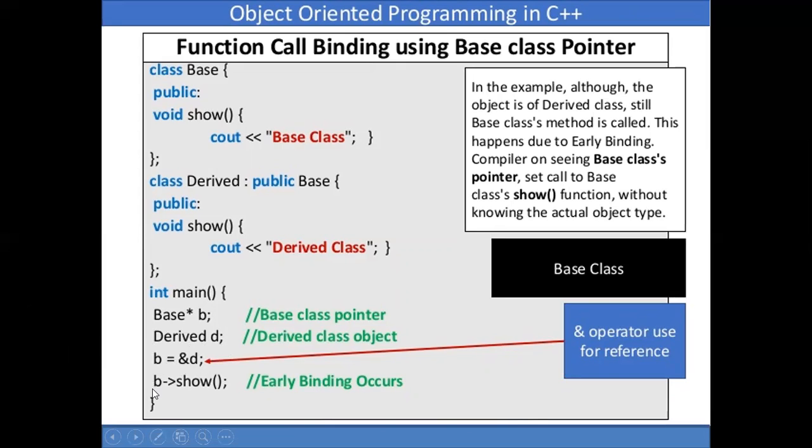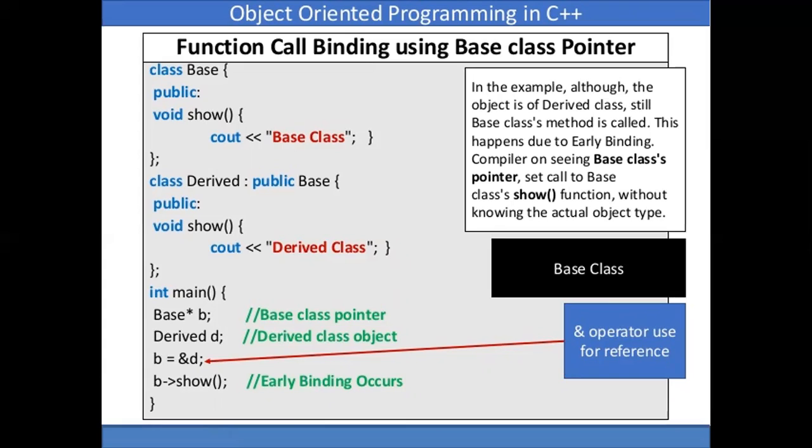And when we display with the B arrow operator show, it will show the function of the base class. It is not showing the function of the derived class, although we have assigned the address of the derived class; it is showing the function of the base class.